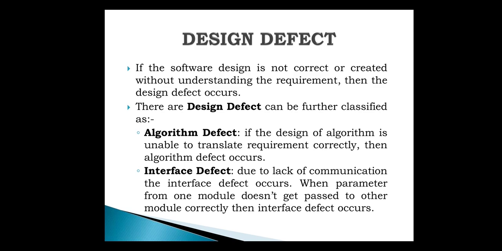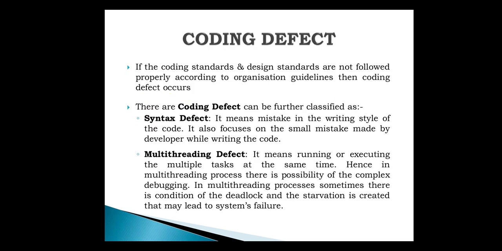If the software design is not correct or was created without understanding the requirement, then a design defect occurs. If we don't have a clear idea about the customer requirement, or our planning is totally wrong and we are going in the wrong direction, then we design according to that planning.